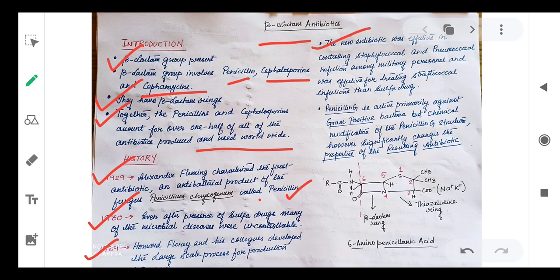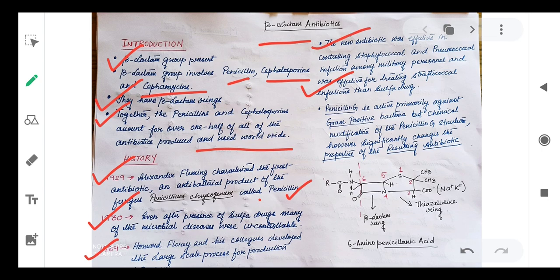The new antibiotic was effective in controlling various infections, namely staphylococcal and pneumococcal infections among military personnel in World War II, and was effective for treating even streptococcal infection, more so than the sulfur drugs.